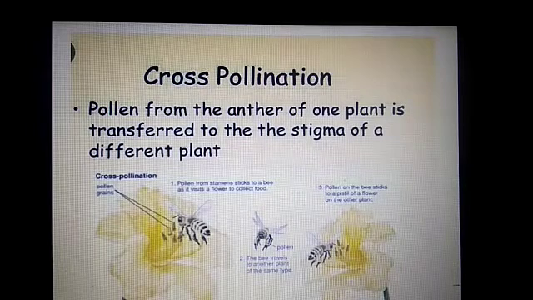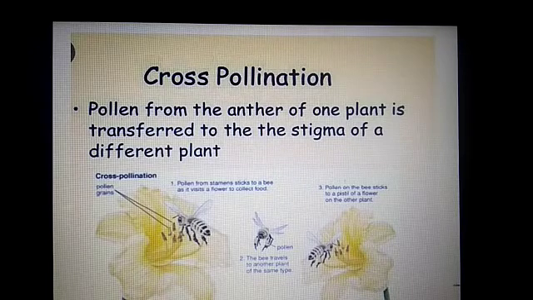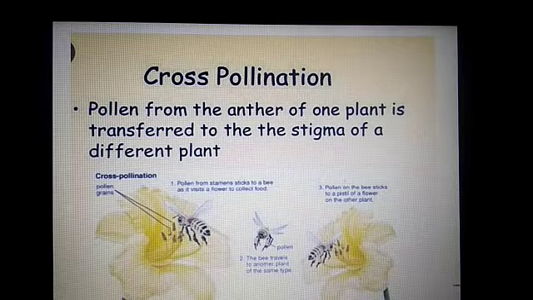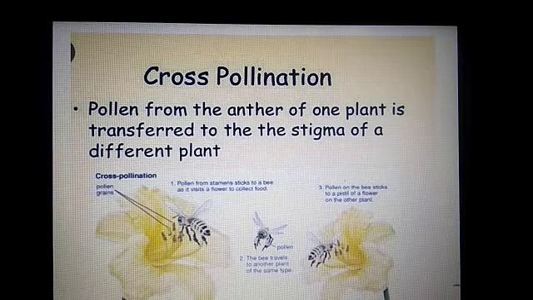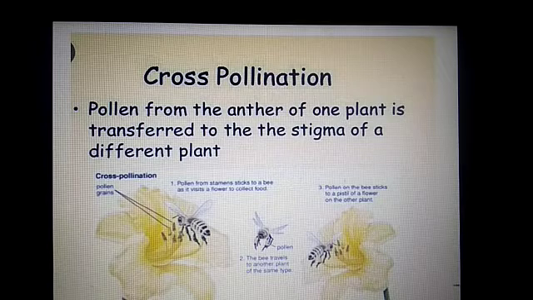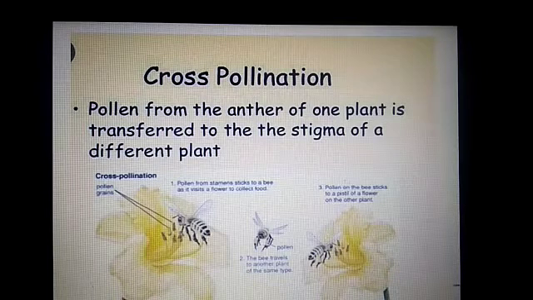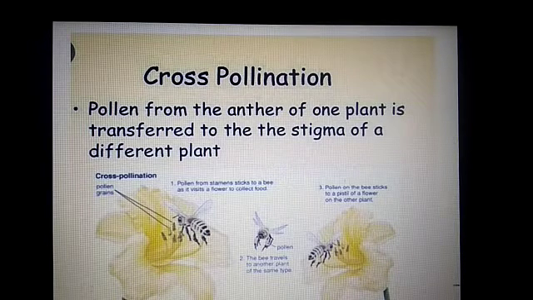When insects alight on a flower, the pollen grains stick to their mouth parts, wings or legs. So when this insect visits another flower, the pollen grains from its body may fall on the stigma of the flower.